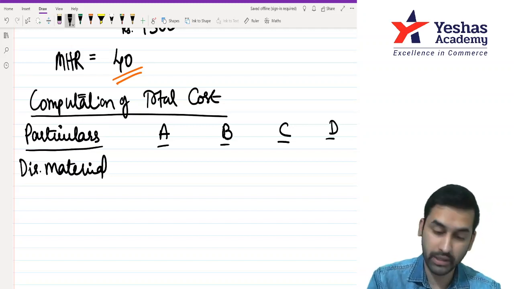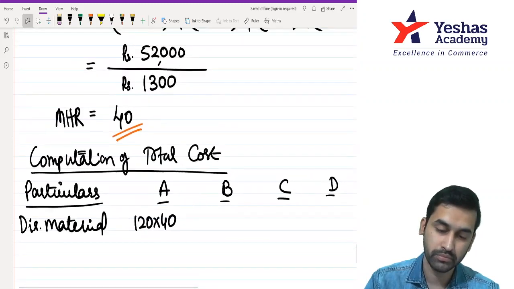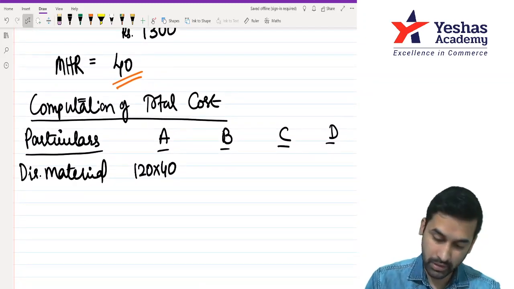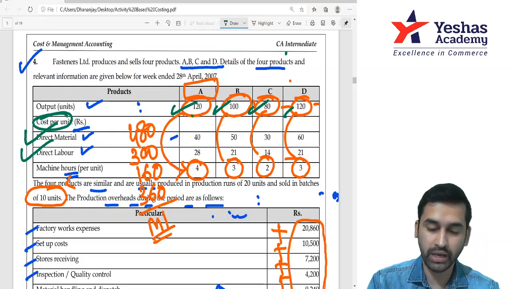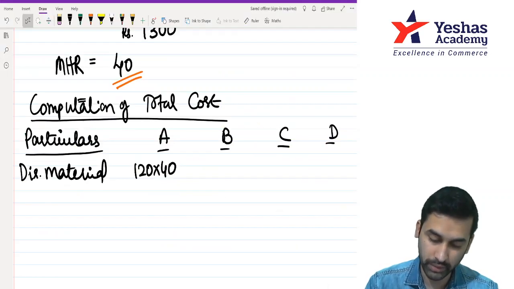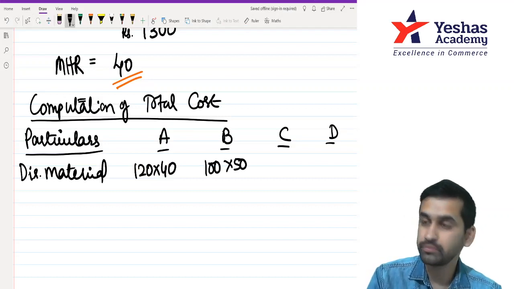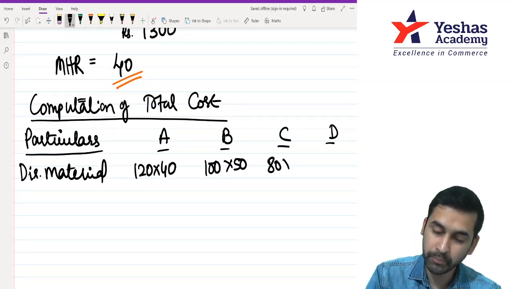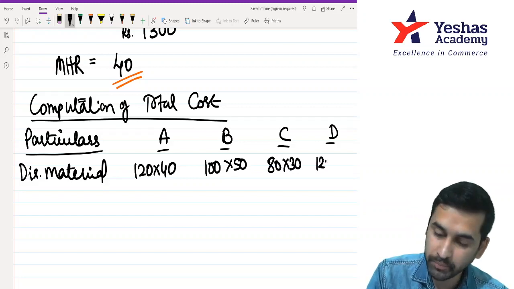How much is direct material? 120 into 40, given in the first table. I will just open it here also. Yeah, here. In the first table, you have the number of units and also the material cost. So 120 into 40. Second is 100 into 50. Then it will be 80 into 30. Last one is 120 into 60.